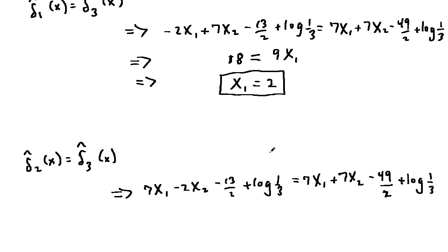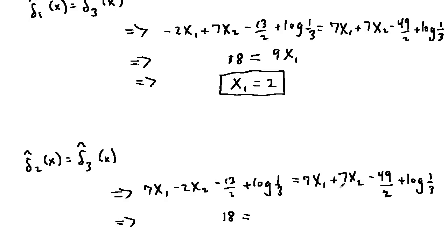Now setting delta 2 equals delta 3, we get this. The log of 1/3 cancels out. Bring the 49/2 over here, we get 18. 7x1 cancels out.